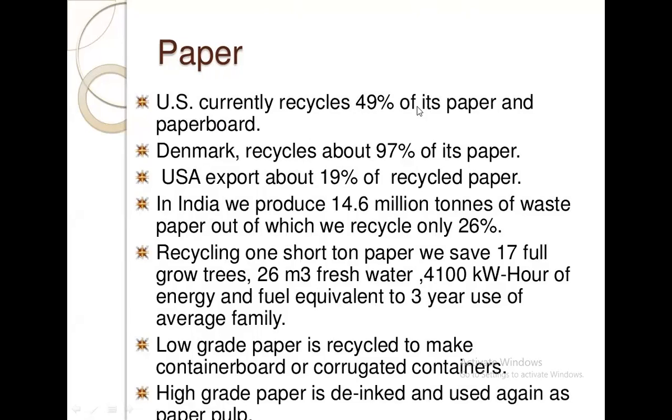The US currently recycles 49% of its paper and paperboard. So you can recycle 49% of the waste. Denmark recycles about 97% of its paper, and the USA exports the recycled paper up to 19%.